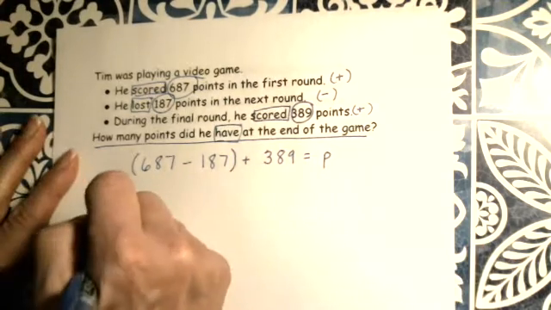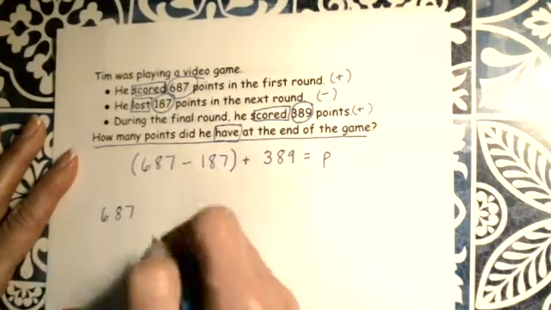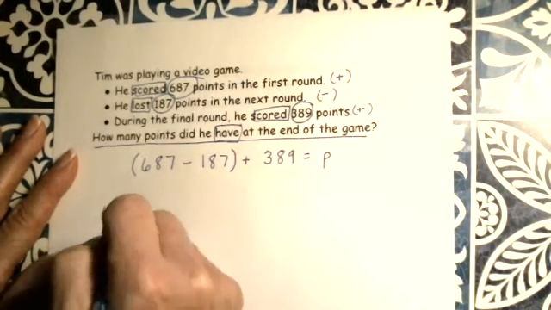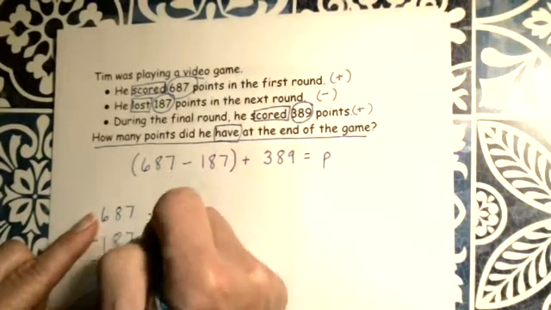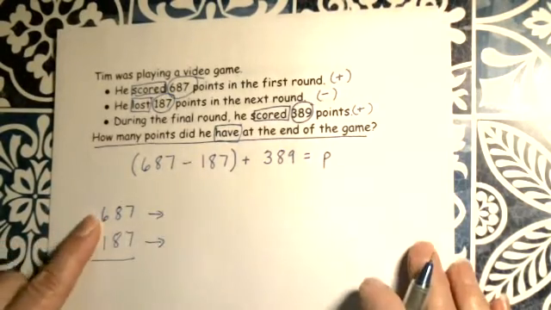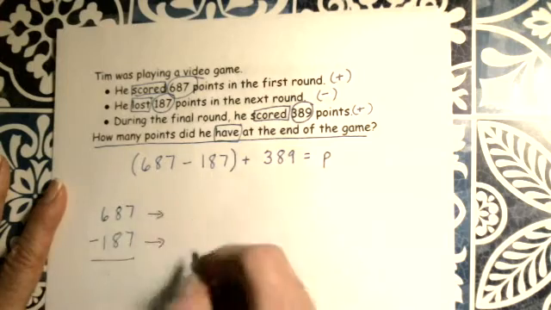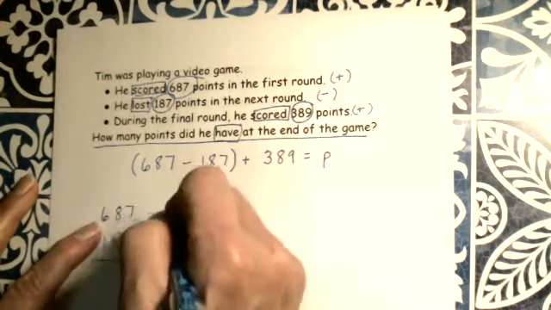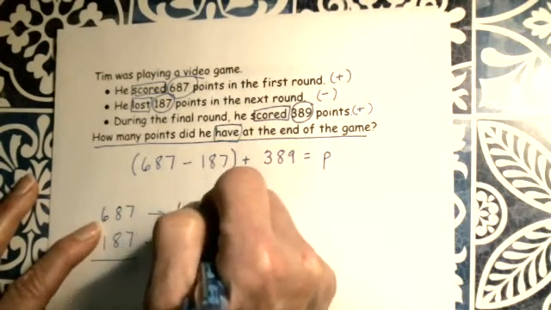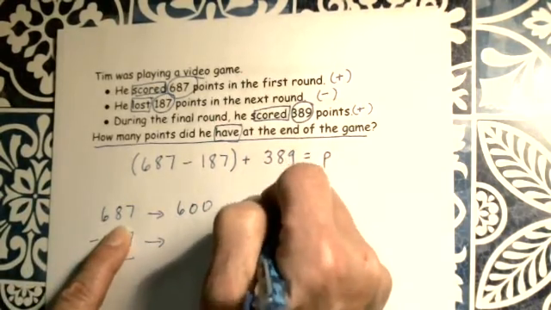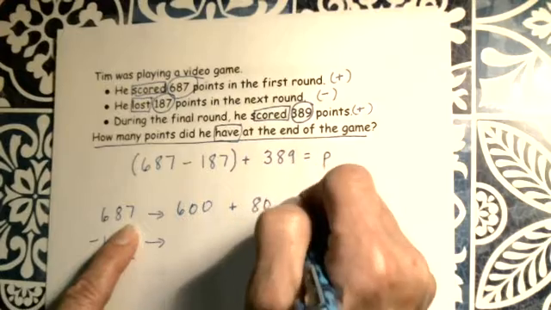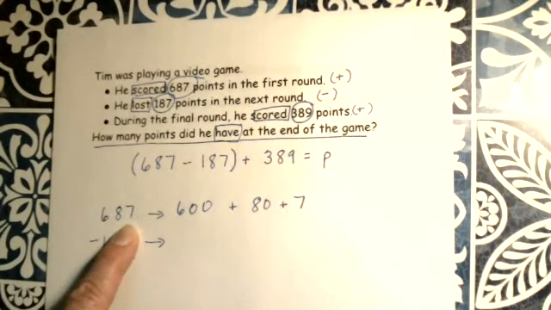So I'm going to write 687 minus 187, and I'm going to use the expanded form method to subtract. So I have 6, the 6 stands for 600. The 8 is 80, and the 7 is 7.